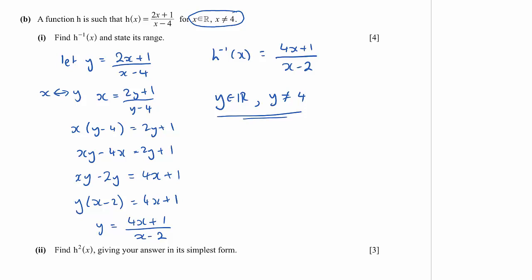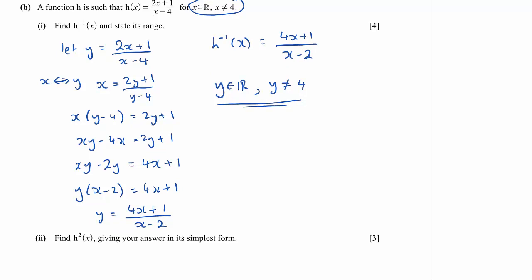Okay, this last part's going to be algebraically potentially a bit of a nightmare. H squared x, and what that means is doing h of x. So if we start with x, we do h first, and out pops 2x plus 1 over x minus 4.